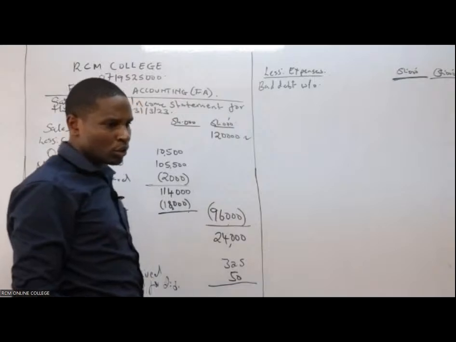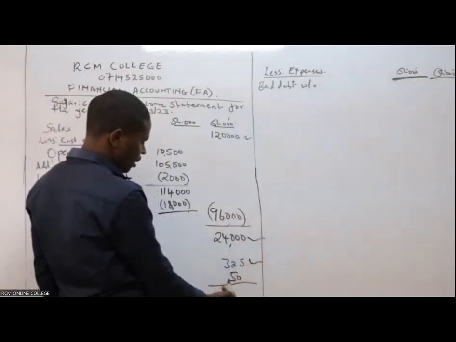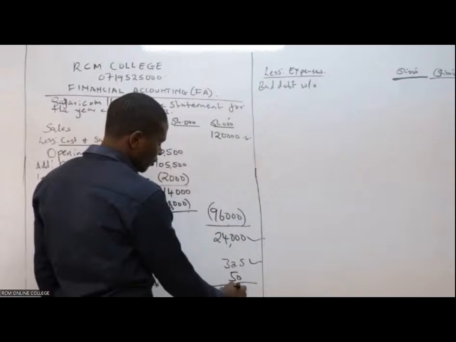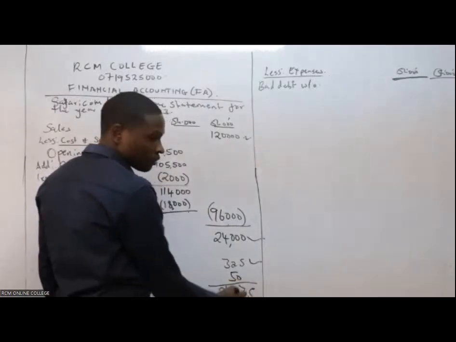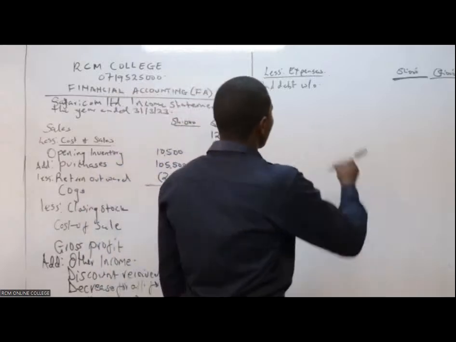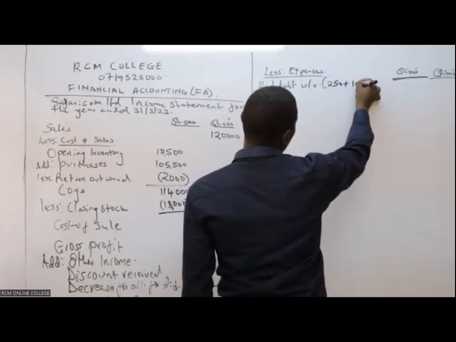So what's the total here? Just add this. It will be 23, 24, 375. So for bad debt written off, we had the 250 for that month plus what we had.